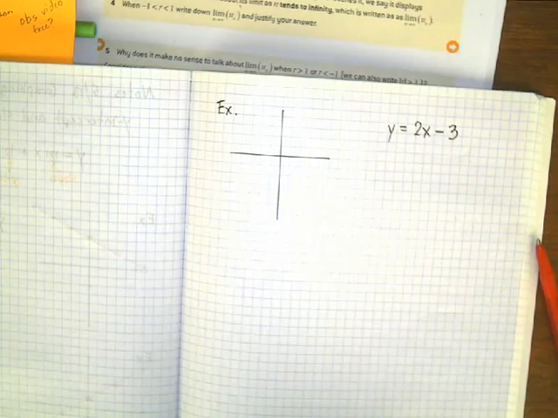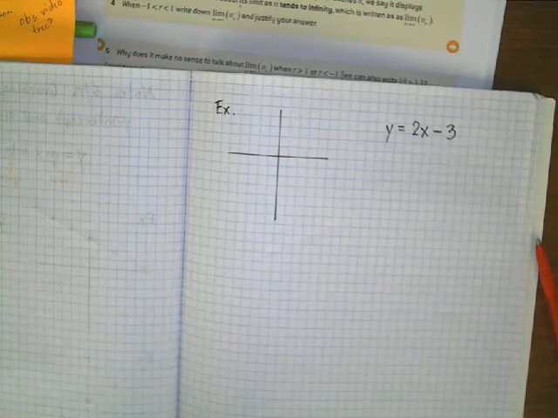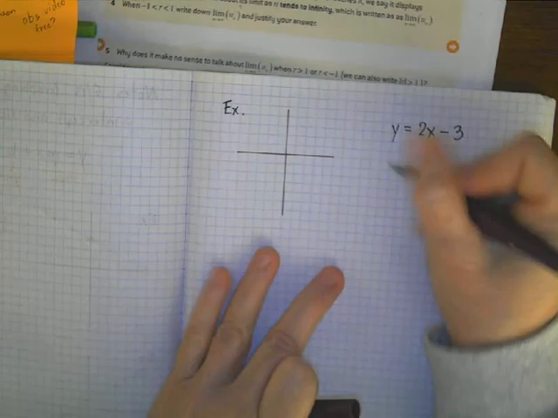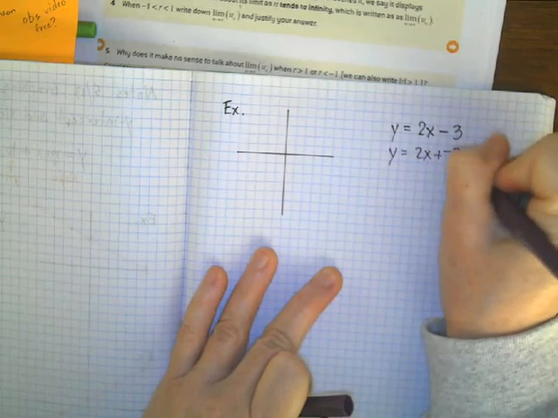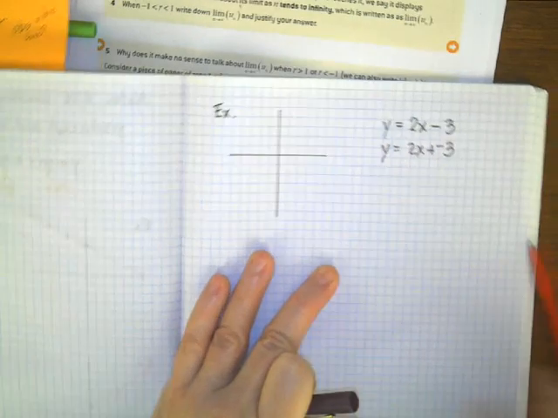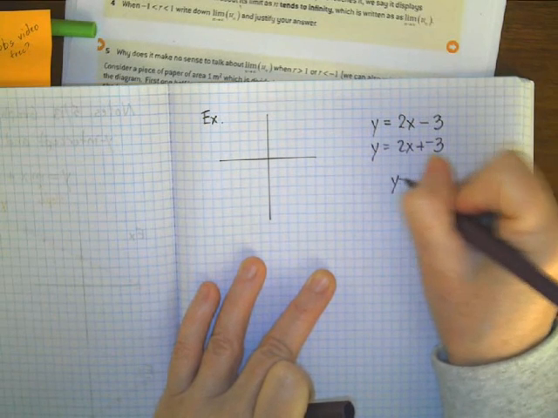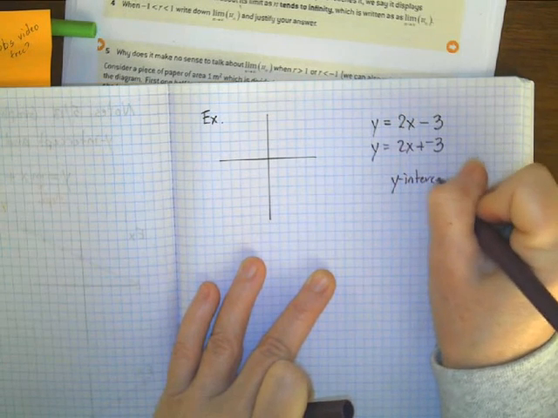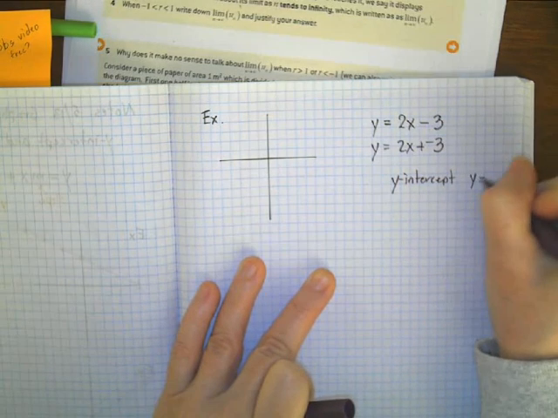Okay, first of all, I don't like having a minus sign, so I'm going to rewrite it as y equals 2x plus negative 3. Now I can identify my y-intercept. My y-intercept is this number here that's being added, so y equals negative 3.